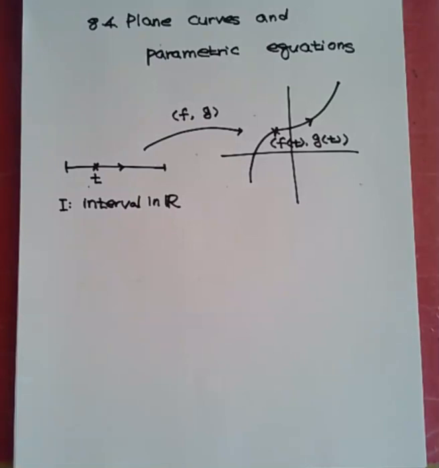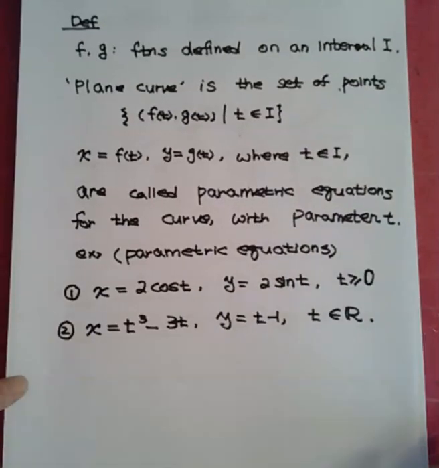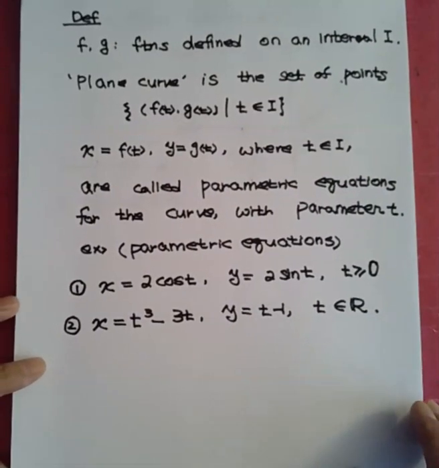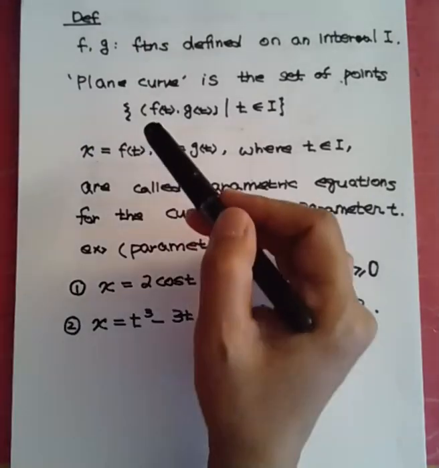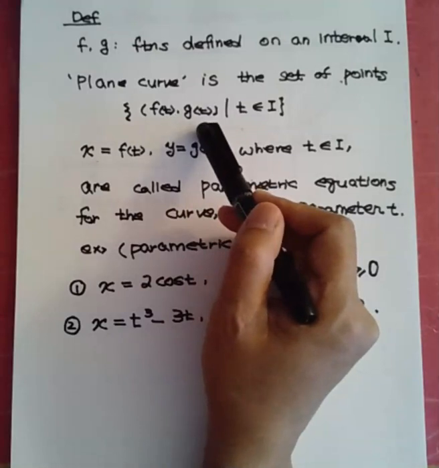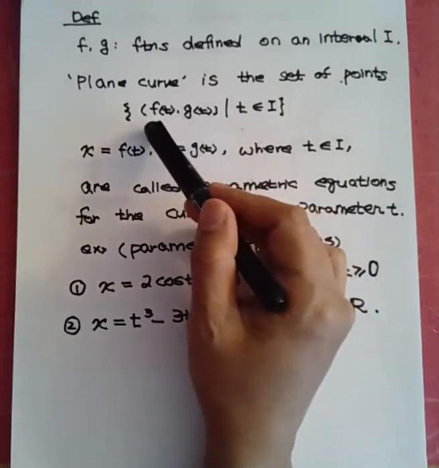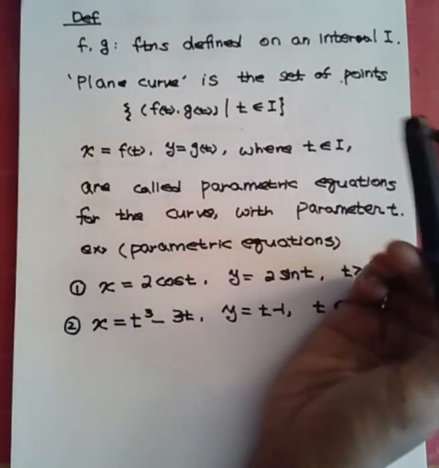Let me elaborate a little bit. Let's say f and g are functions defined on an interval. The plane curve is the set of points consisting of x and y coordinates defined by those two functions.